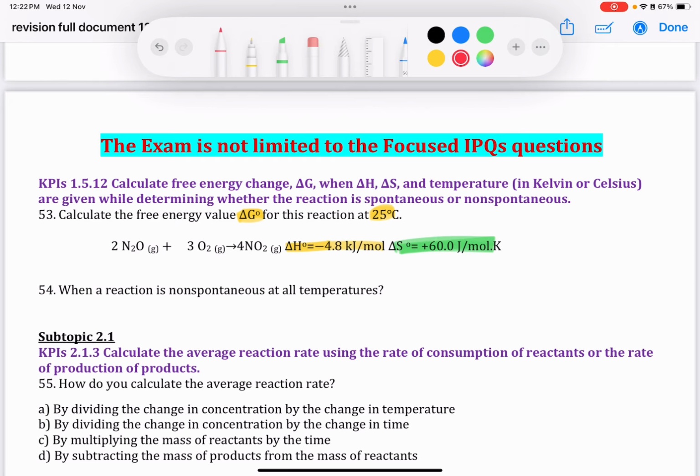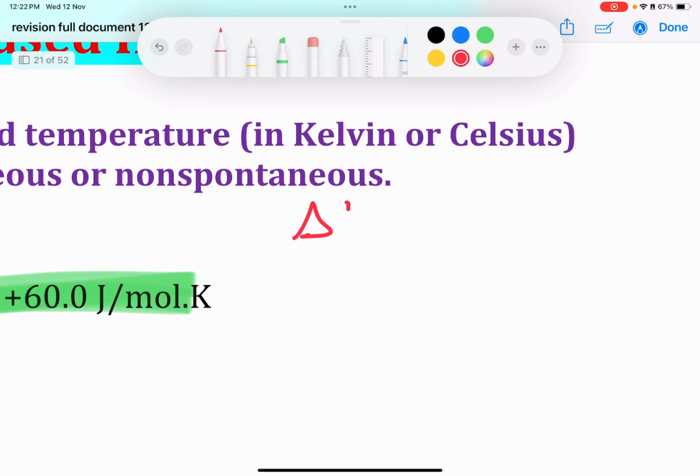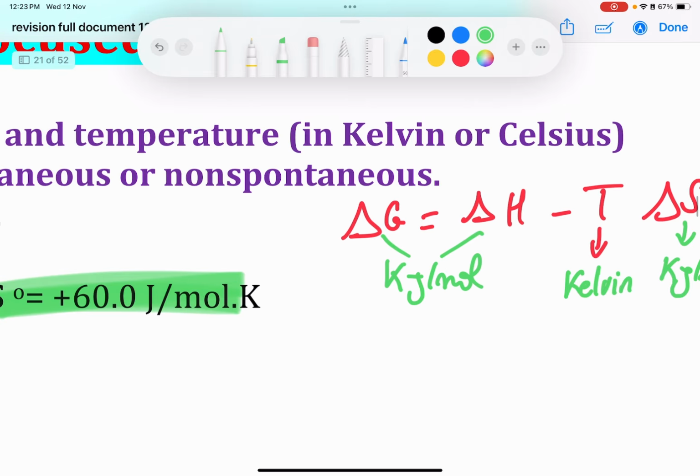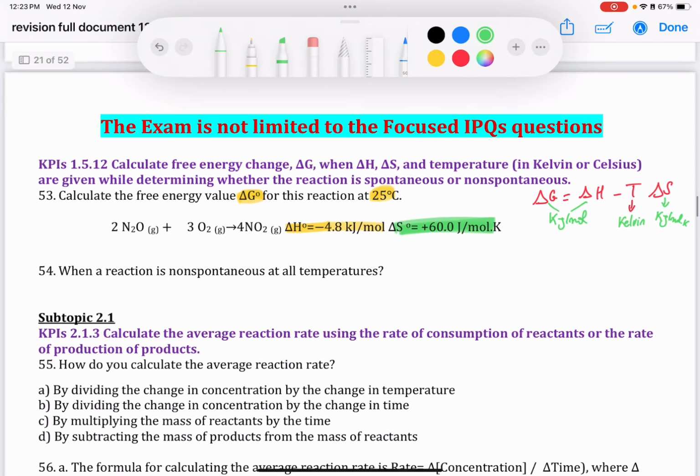As I said in this formula, delta G equals delta H minus T delta S. This must be in Kelvin. And the delta S must be converted to kilojoule per mole Kelvin. And these two will have a unit of kilojoule per mole. So let's start here.